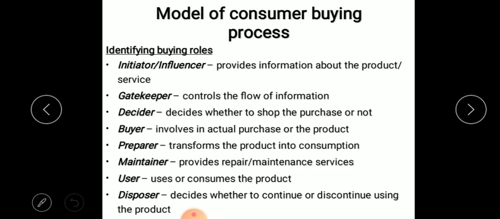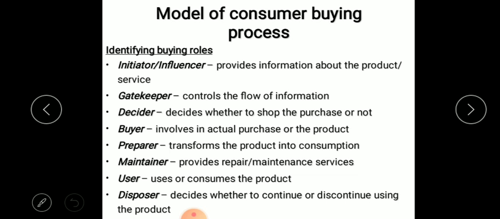Suppose she wants to prepare idli, she will tell you which brand of idli rava has to be purchased. Because she is converting the product into a usable or edible form, she is a preparer.